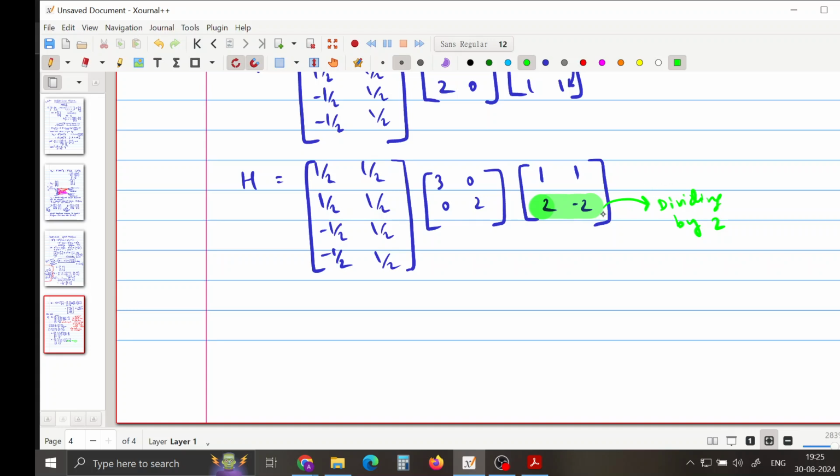So if I divide the second row by 2, for this part here, I have to take the second column and multiply it by 2. Then only the product will remain the same.